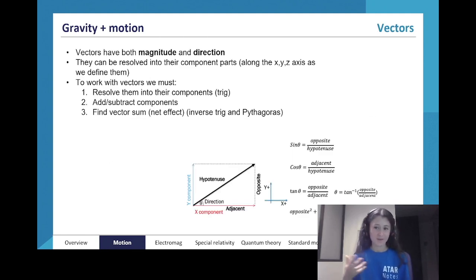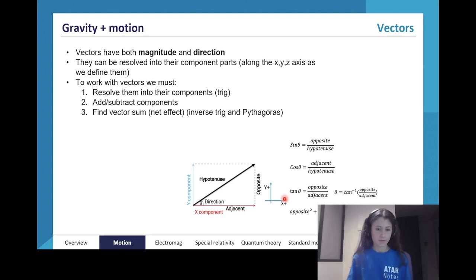Okay, so resolving vectors into components, as you can see here in our diagram, requires the use of our trig ratios, our sine, cos, and tan, which hopefully you guys remember from your math subjects.